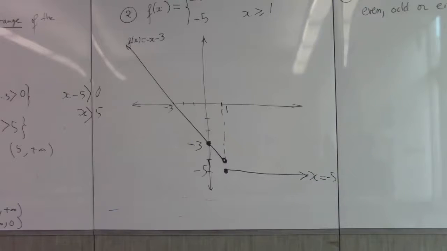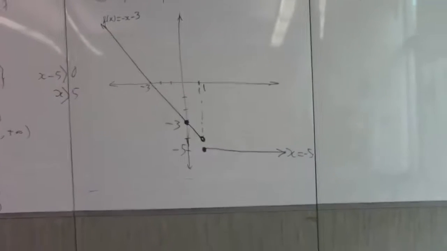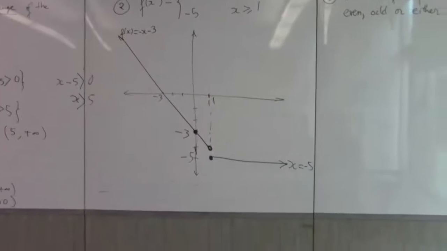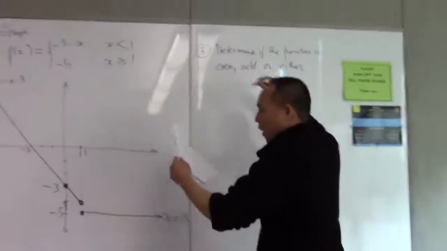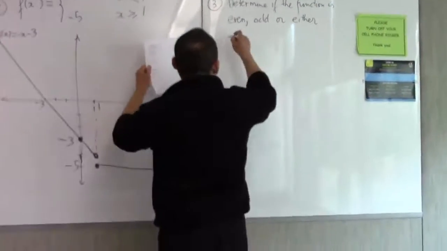If we change the sign of x and f stays the same, this means we have an even function. If we change the sign of x and we do not get either of these two forms, we call it neither.